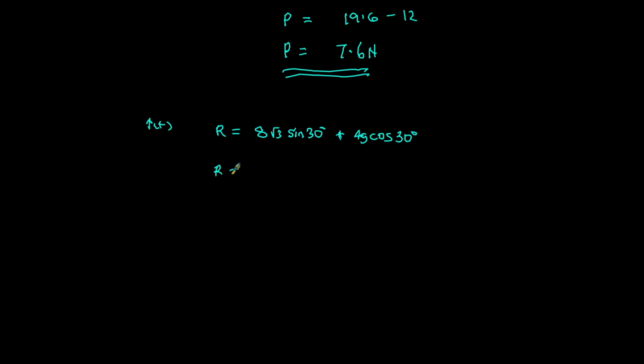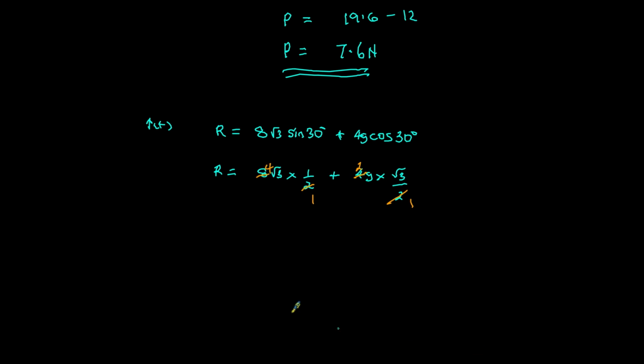So if you go ahead and replace sine 30 by a half, then we add it to 4g. Cosine is also root 3 by 2. We can reduce this by 2 goes 1, then by 2 goes 2, and then this one here goes 4.